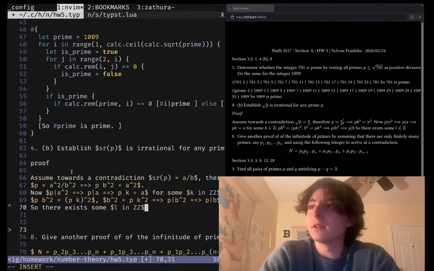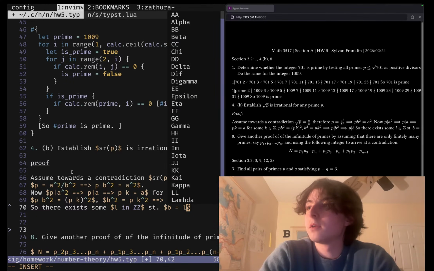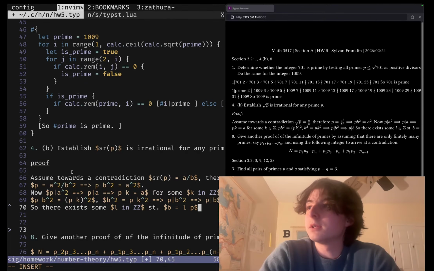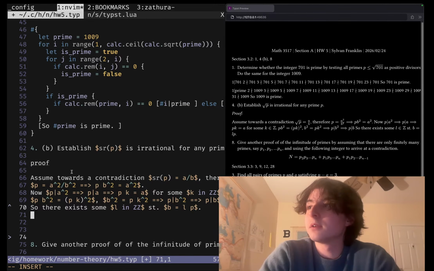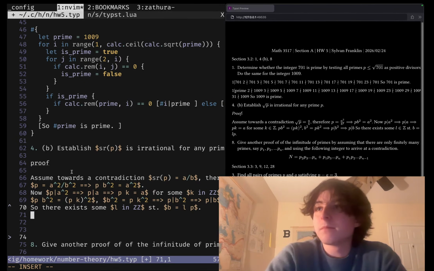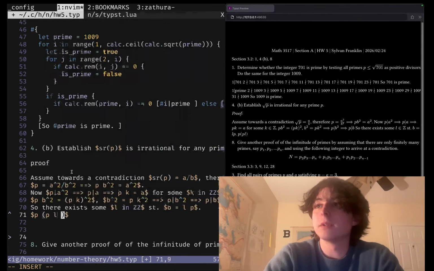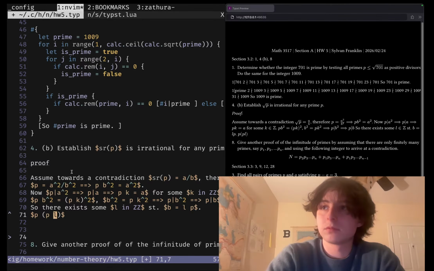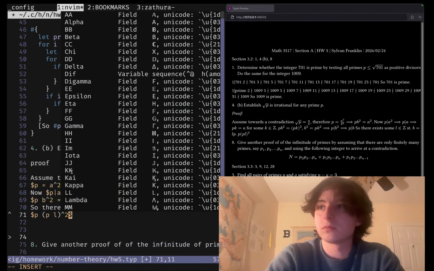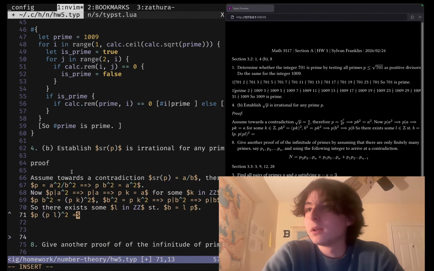So there exists an integer l such that b equals lp, substitute that in. P times pl squared equals pk squared.